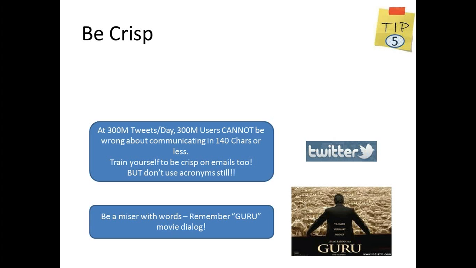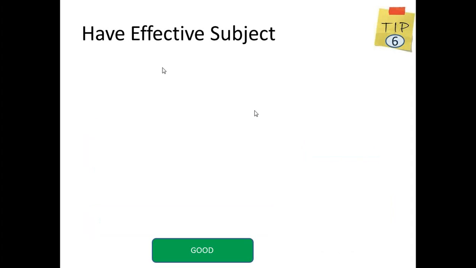Says that's profit. So he's a miser with words. Go watch the dialogue for Guru and Munafa. That's the word that you need to look for, and you will see it on YouTube. You have to be a miser with words. You have to communicate more with fewer words. That's the meaning of being crisp.